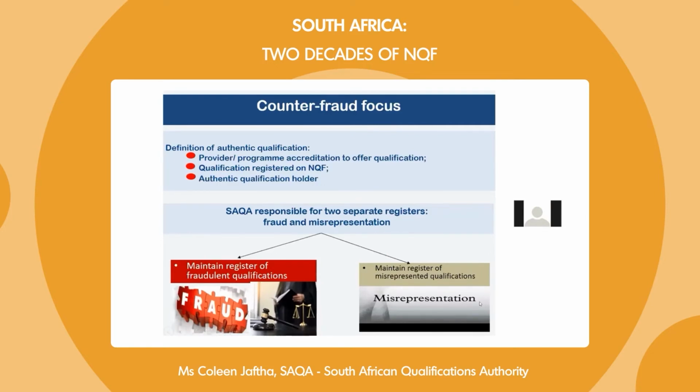But in SAQA, we can determine that a qualification is misrepresented. I've given you the example of a learner changing the symbols on the transcript, or changing the name of the person. We can determine that that is a misrepresented qualification, and it will go onto a specific register.